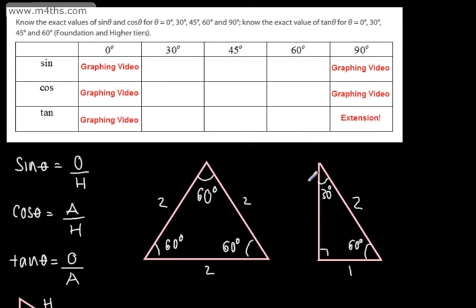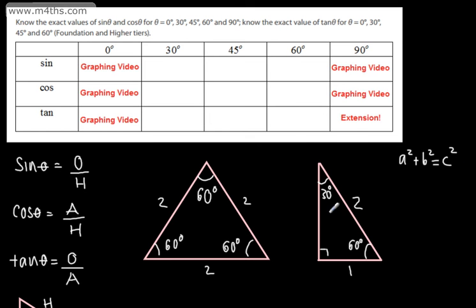What we need to do is find this length right here. We're going to use Pythagoras' theorem to find that. We know that the sum of the squares of the two shorter sides will be equal to the square of the longer side, or if you like, a squared plus b squared equals c squared.